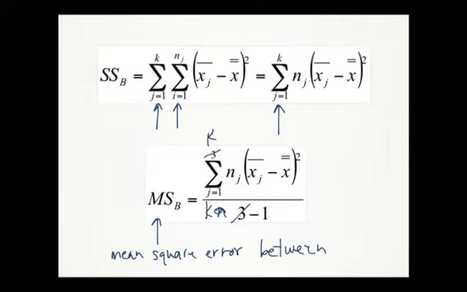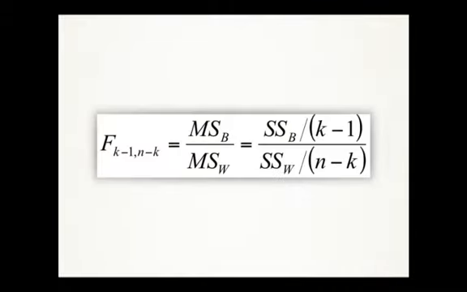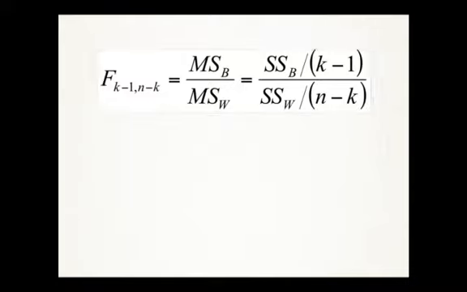Okay? Now that we have the between group and the within group pieces, we can construct our statistic. Remember, that's how we get to our p-value, by constructing this statistic. And in the ANOVA case, the statistic is called an F-statistic.